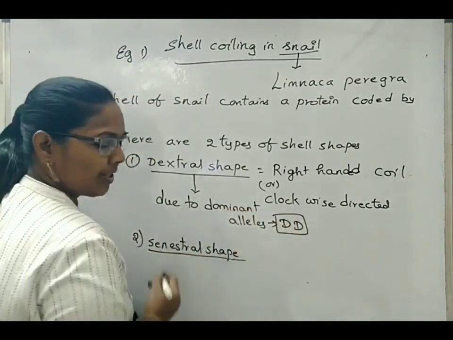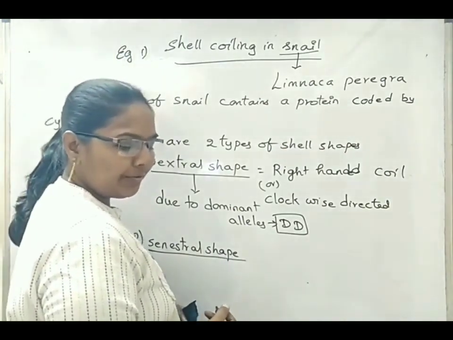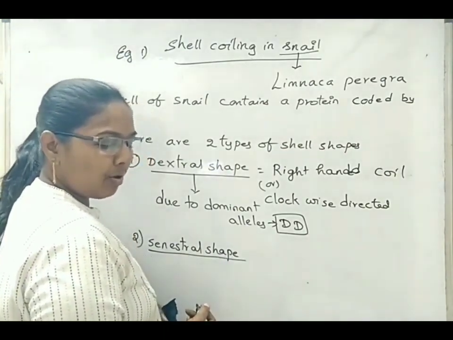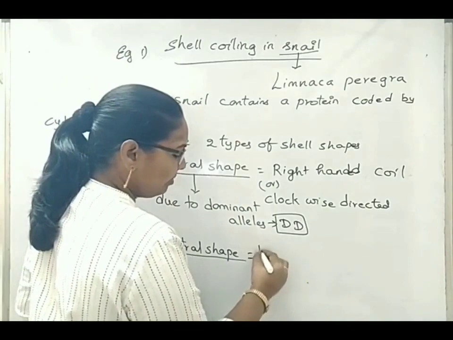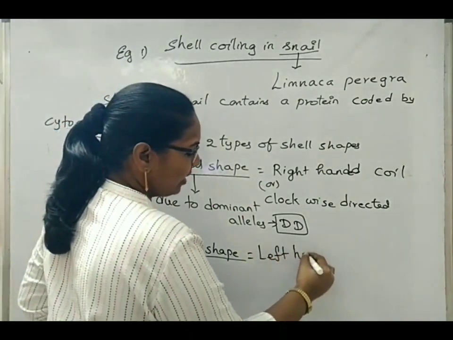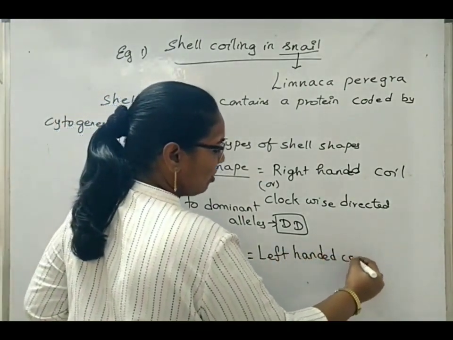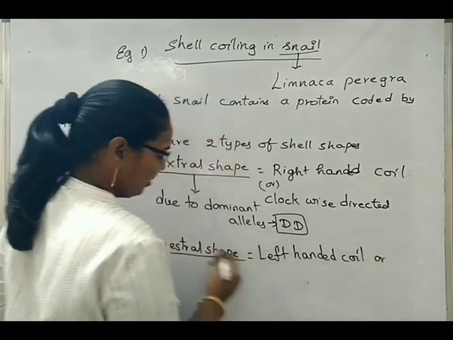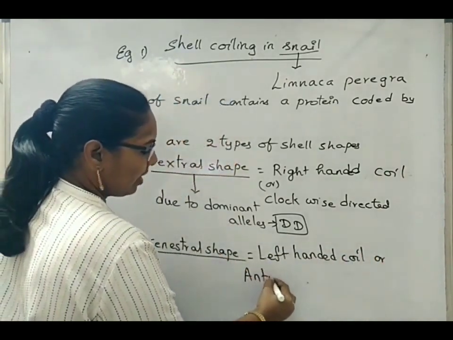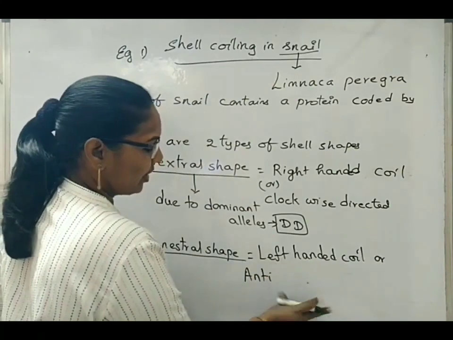Now, sinistral shape. This is also called a left-handed helix or anti-clockwise directed, left-handed coil form or anti-clockwise directed shape.